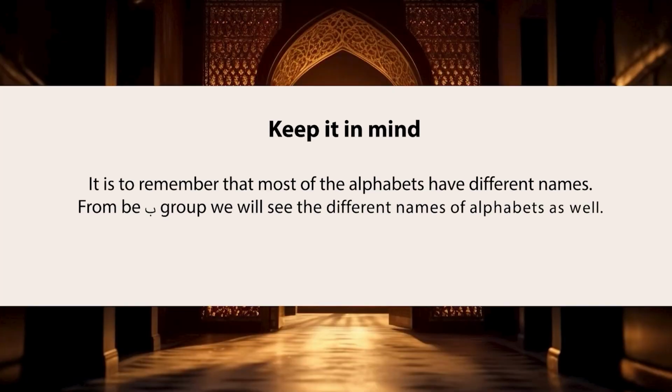Keep it in mind that most of the alphabets have different names. When we read, study, talk about or pronounce alphabets, we name them differently. From the B group, we will see the different names of alphabets as well.